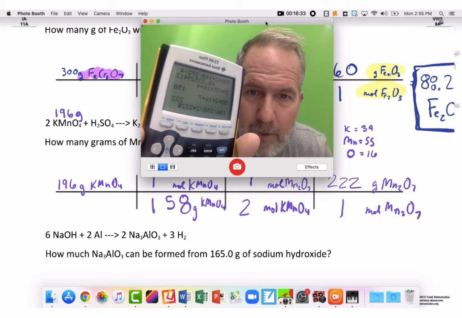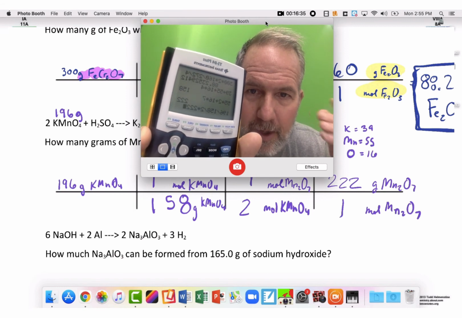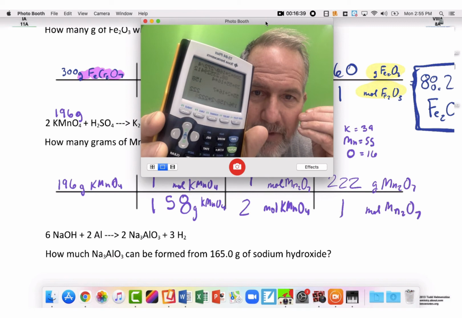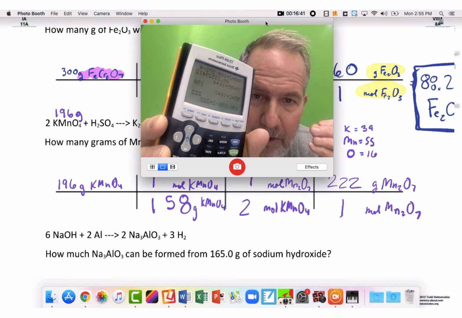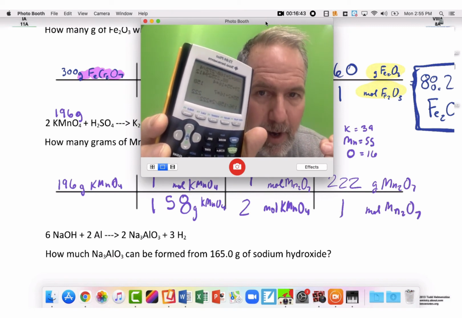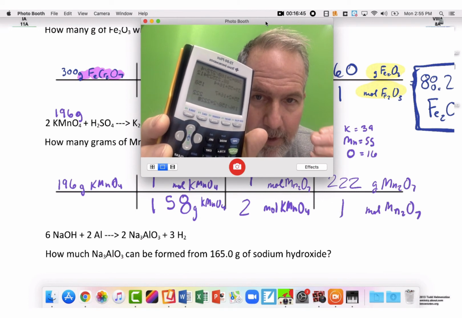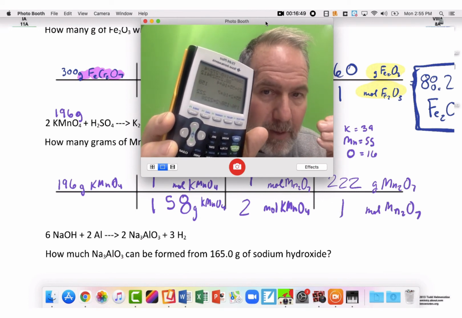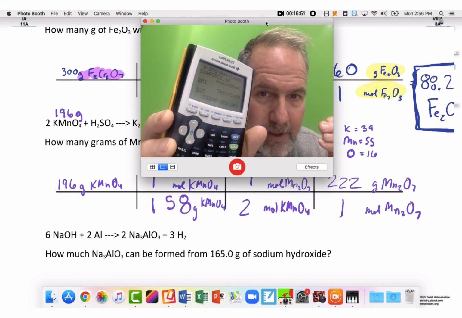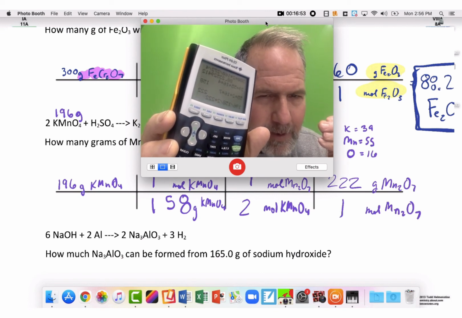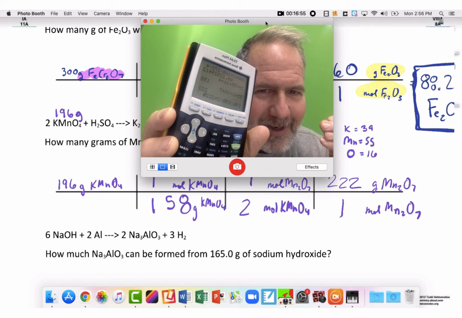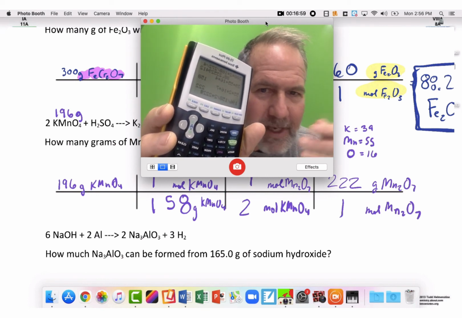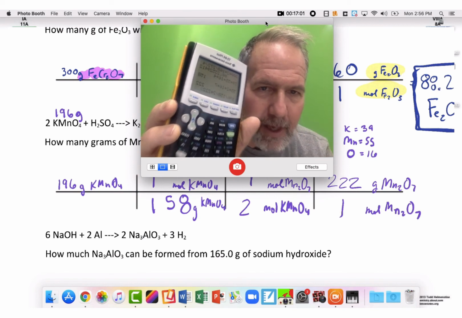It doesn't matter what order you put these in your calculator. The only thing that matters is that if it's on the top, you have a multiply in front of it. If it's on the bottom, you divide before it. You just keep dividing each time it's on the bottom, okay? I know you can see that. If you can't see it, hold a mirror up to it and you'll be able to tell what it says, okay? So that's what you do. I always put the given in first, and then it's pretty easy to punch them in like that.